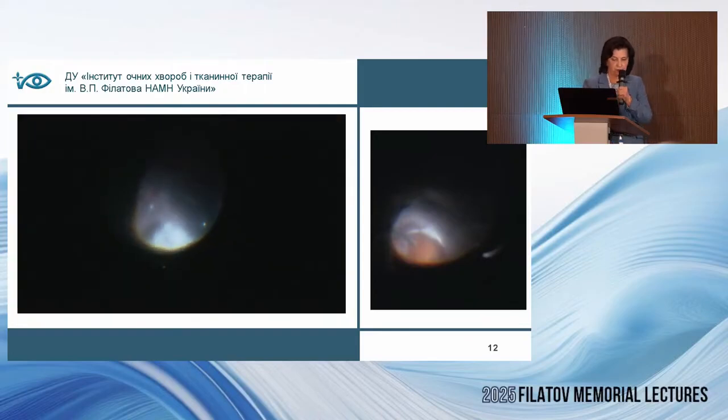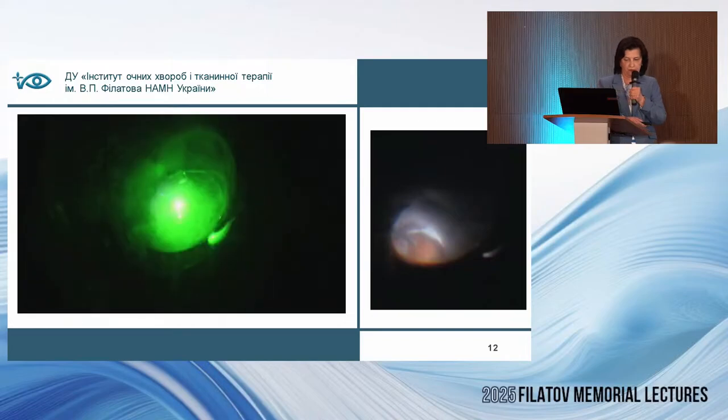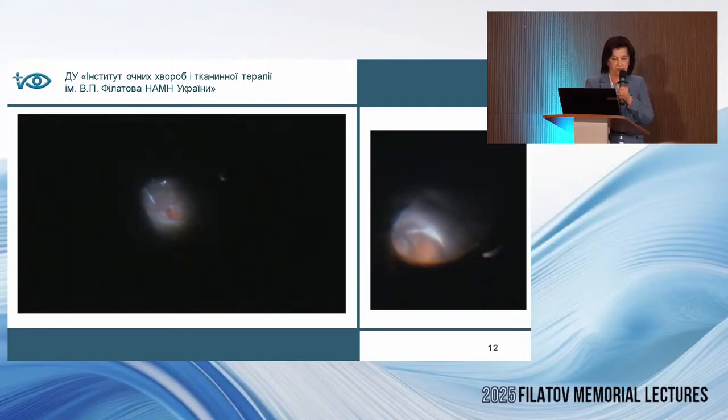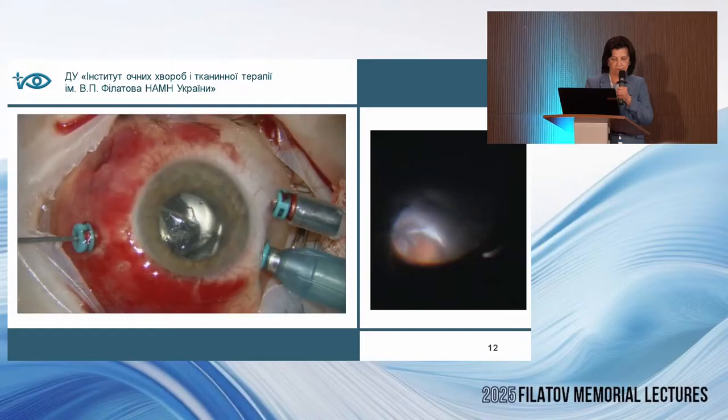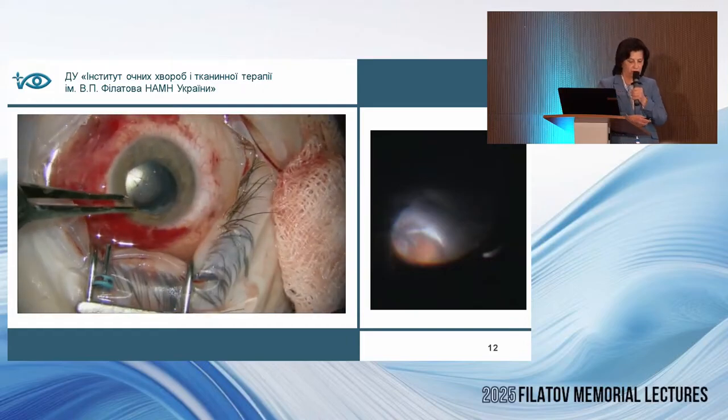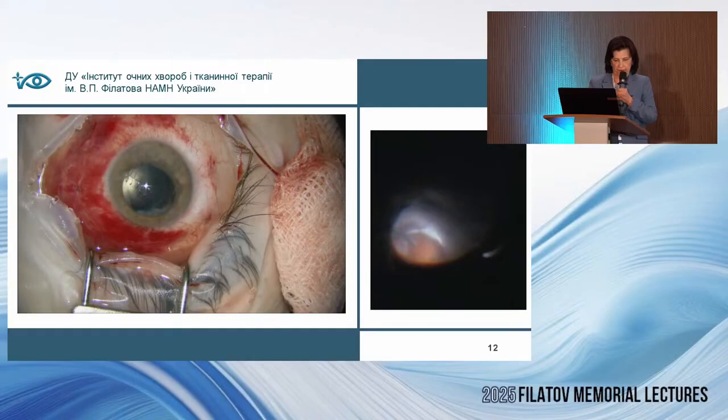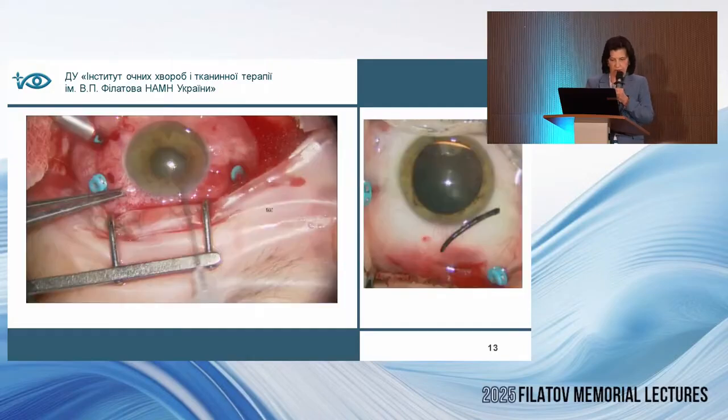Here, the anterior hyaloid membrane is removed and a rupture of the retina is diagnosed with densening and blurring of the vitreous body. Probably it's the entry point of the foreign body. The foreign body has been removed transsclerally in our clinic, followed by laser coagulation of the retina and silicone tamponade because the rupture there is rather large.